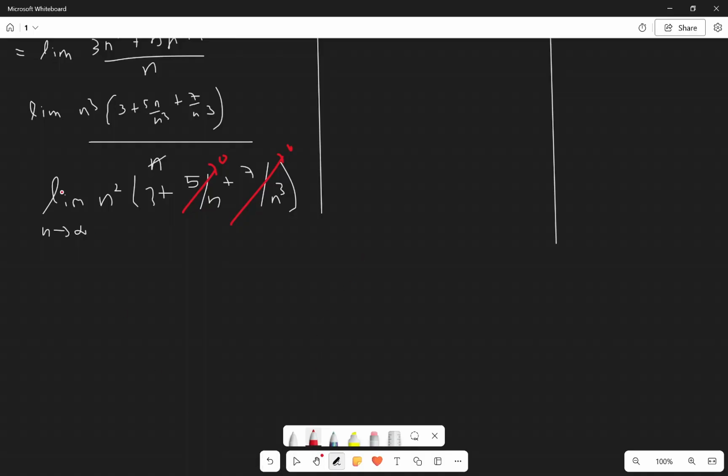So in the end, this expression will simplify into the limit as n goes to infinity of 3n squared. You don't have to draw the graph all the time, but 3n squared should be something like this. As n goes to infinity, this expression goes to infinity.